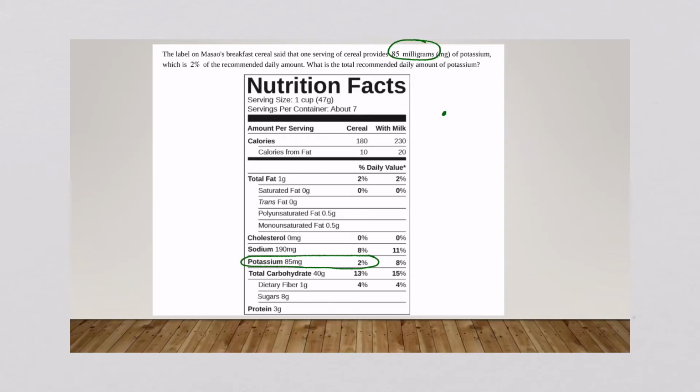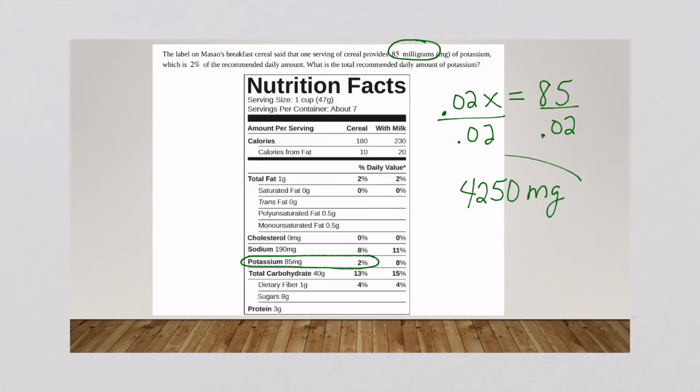So 0.02 times the total amount is 85. So in this problem I would divide by 0.02 on both sides, and I get that your total amount that you should receive in potassium each day is 4,250 milligrams.